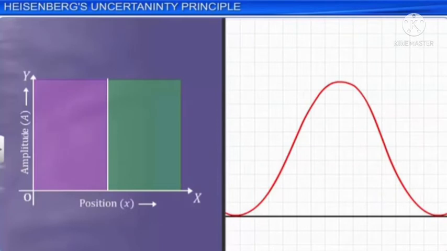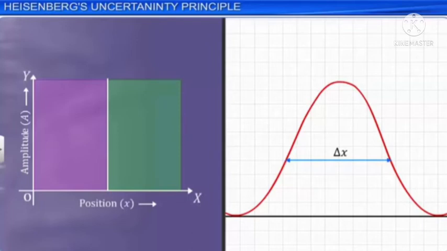It is clear that the superposed wave function does not have a well-defined peak. Rather, it represents the approximate position of the particle. Therefore, we can say that there is some uncertainty, say delta x, in the location of the particle.